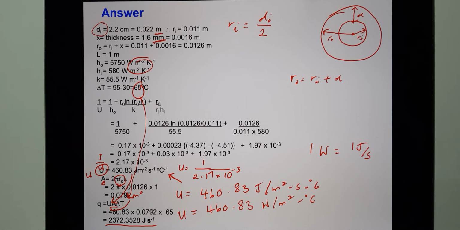This joule per second, you can use as watt as well. So Q equals 2372.3528 watt. You need to know where to cancel the unit, which unit you can cancel out, and which unit is left at the end.